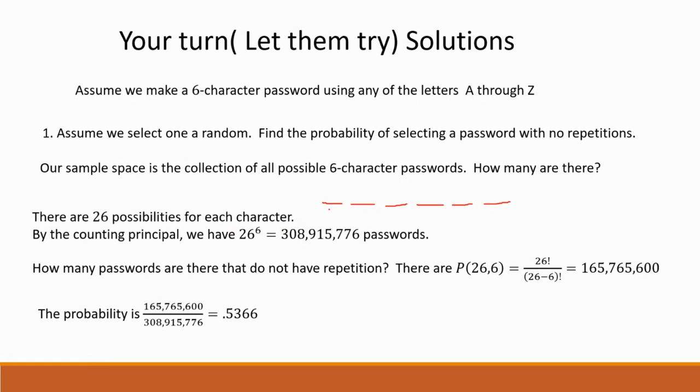For each one of these, there are 26 possible entries, any letter of the alphabet. For the sample space, we're looking for all possible outcomes, so there's no restriction at all, except in any password, order is what matters. So there are 26 possibilities for each. So we have 26 to the 6 possible passwords.